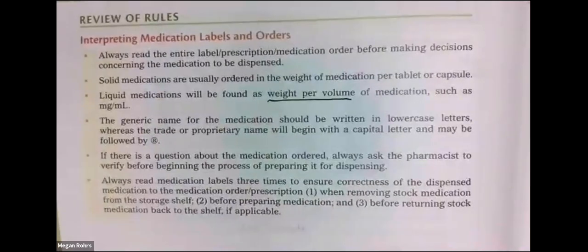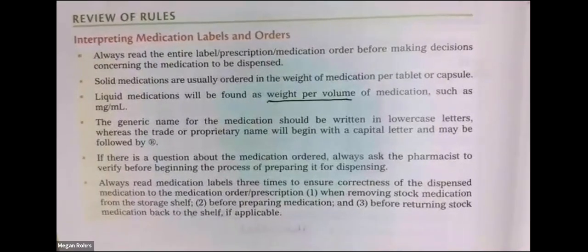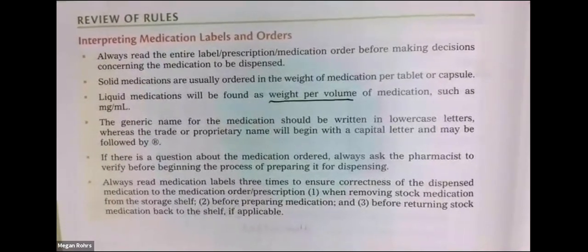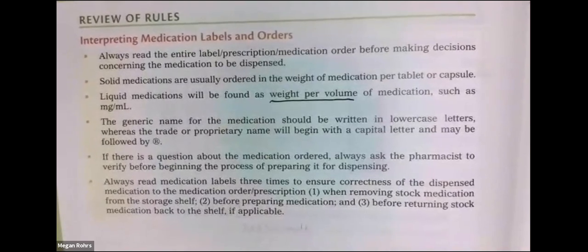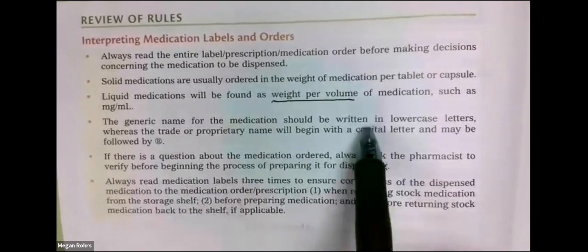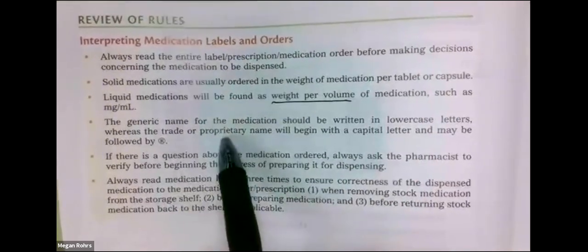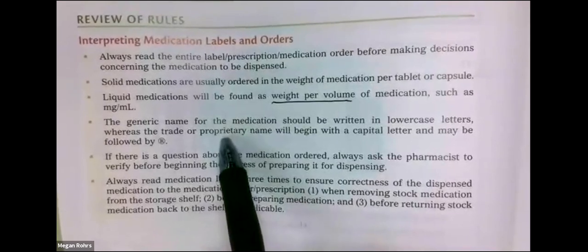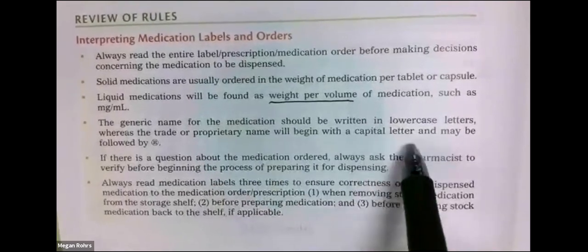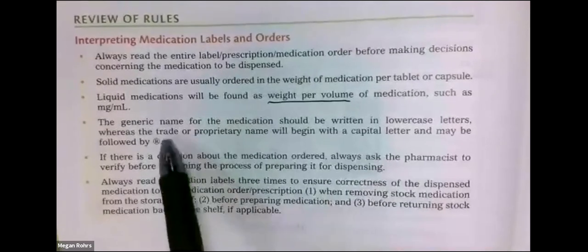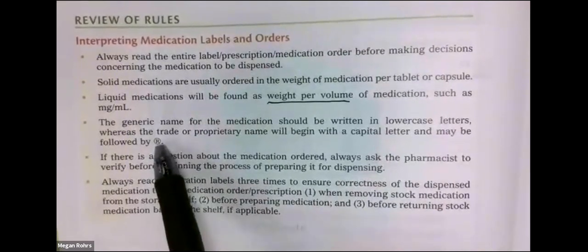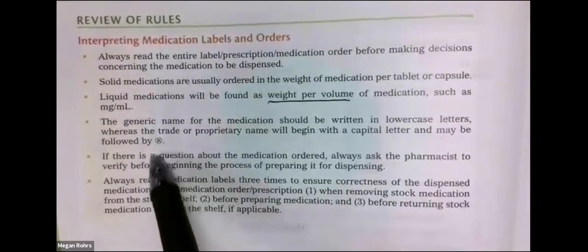That's very important for when we get into the supplemental math lecture that I'm going to go through after chapter 8. The generic name is usually written in lowercase, whereas the trade name or the proprietary name, also known as the brand name, will begin with a capital letter, and may be followed by the R symbol as well if it's a registered trademark.